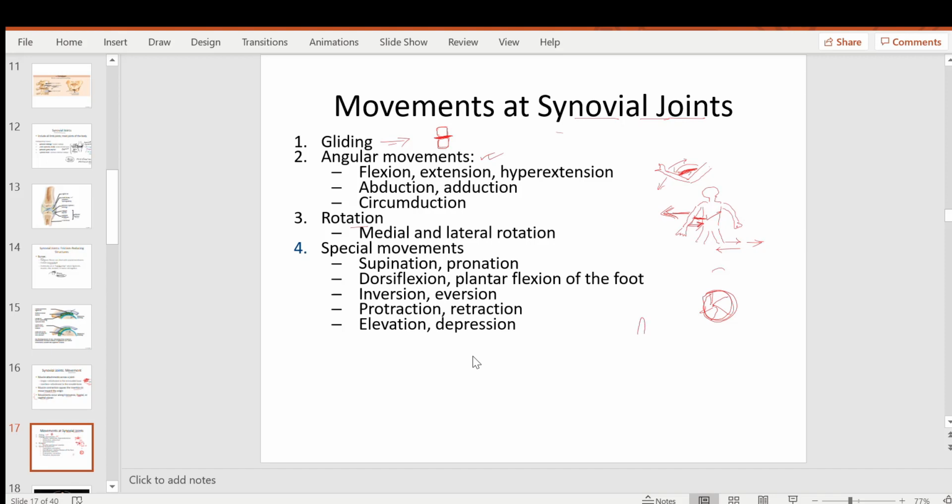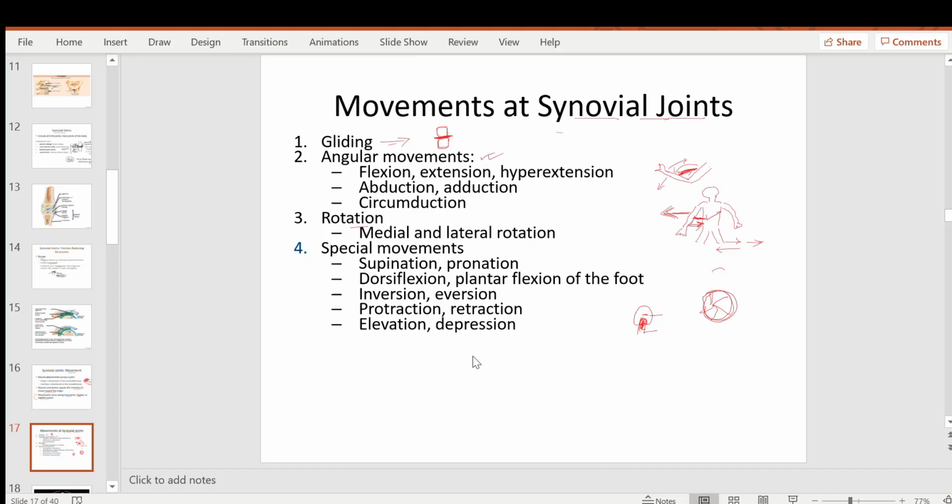So this is a bone, which is actually sitting around another bone. And now if I just move this bone around this axis, that is called rotation. So when you move your head right and left, that is rotation.